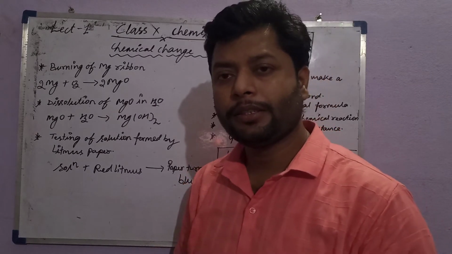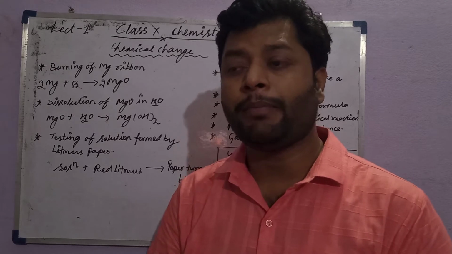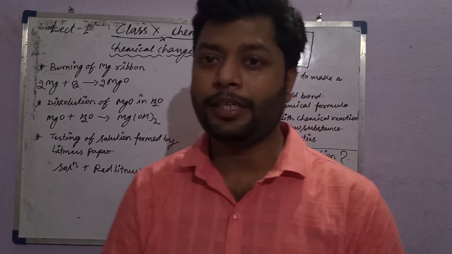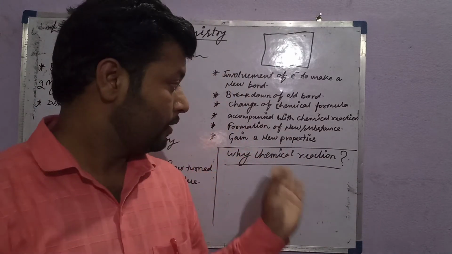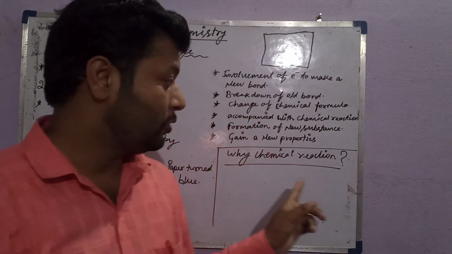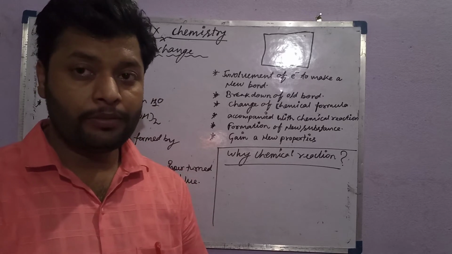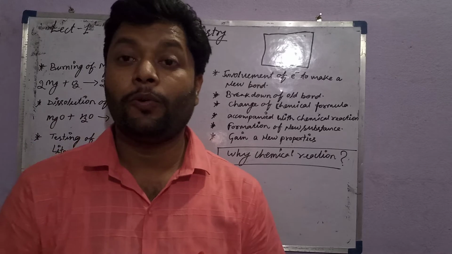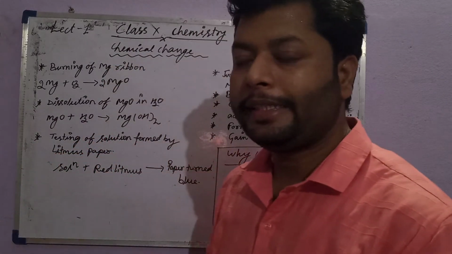Beside that, what are the different properties gained by the different materials after a chemical change? And the third thing is why chemical reactions. That will be your homework. After this lecture, you will try to find out why chemical reactions happen. Okay? But let's start the chapter.